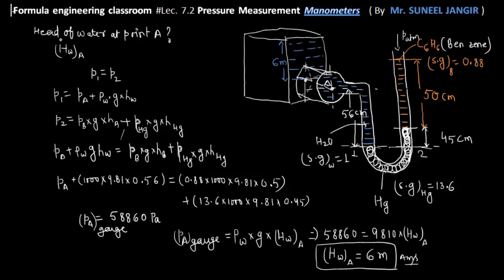That is what we define as the head of water. So for this problem, at the point A, the gauge pressure due to water is 58860, and to create this pressure, the required height of water above the center line of the pipe is 6 meter. Clear? Okay.